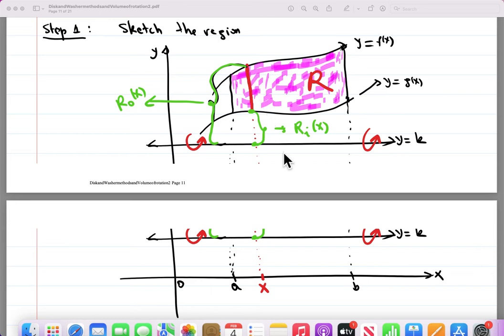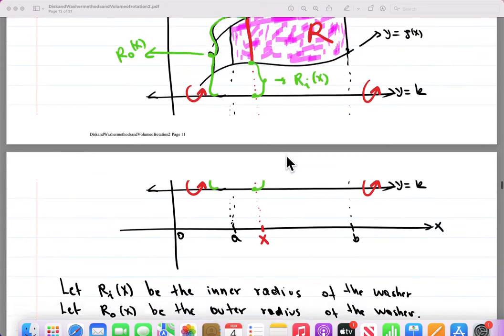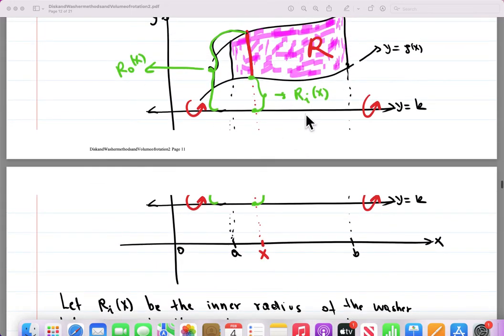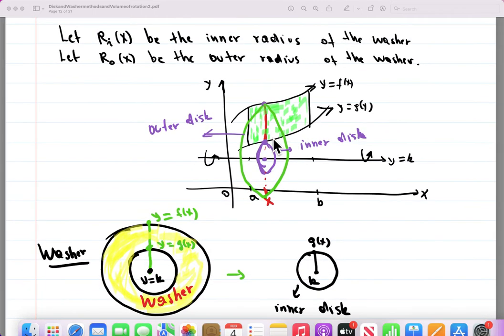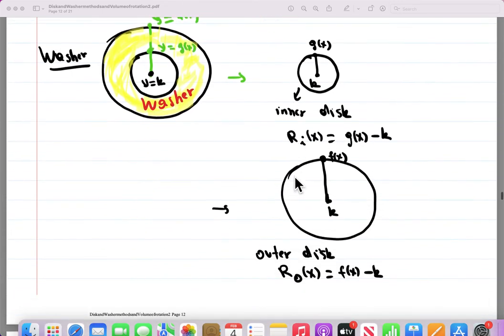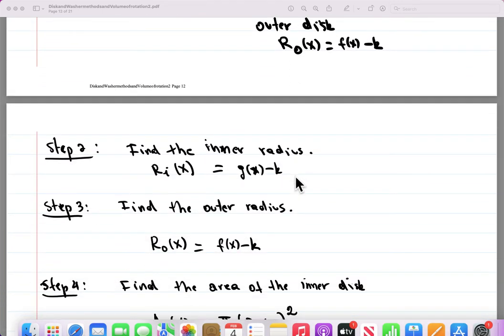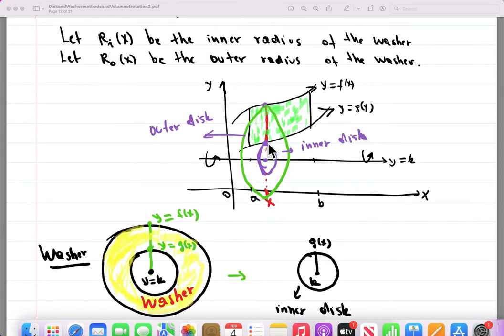So when you rotate this region about the line y equals k, you're going to get an object, a shape. The bottom curve will give you an object that is inside the bigger object.